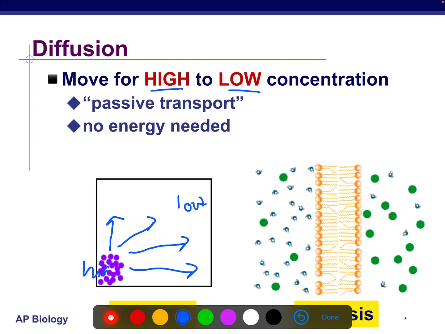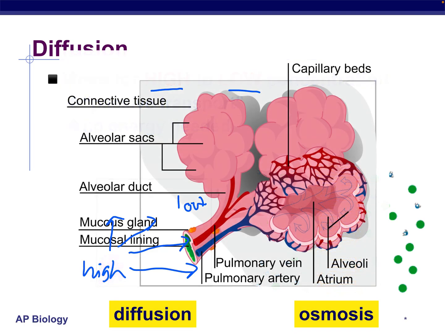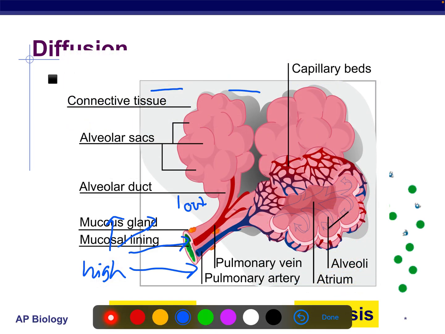This is where the high concentration is. Again, no energy is needed for this to happen. It will just happen on its own. The best example of this is in your lungs, in the CO2 and O2 exchange that happens.